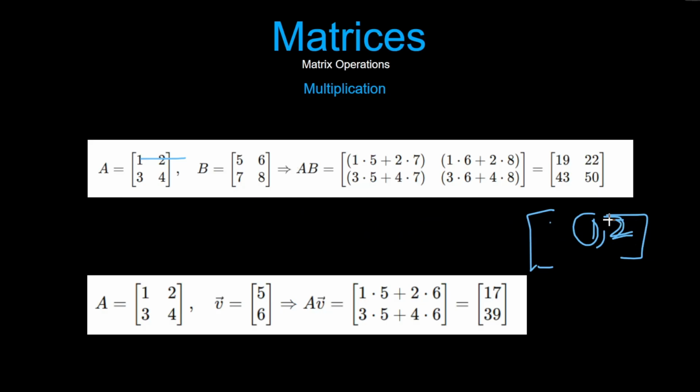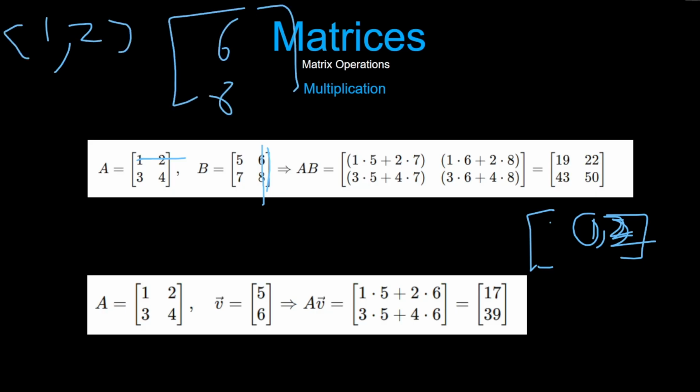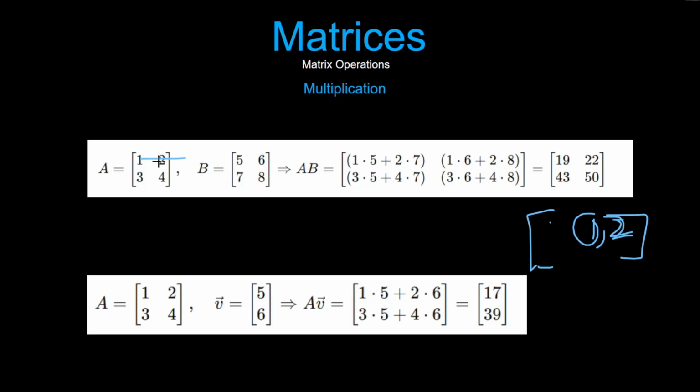Second column of the second matrix, so this one. So we have to do the dot product of these two, which is 1 2 and 6 8. So we will multiply these two and add them together. So we can just do that directly. Here we just multiply 1 and 6 added to 2 multiplied by 8, and that will be the element in the position 1 comma 2. So that's what they did here.